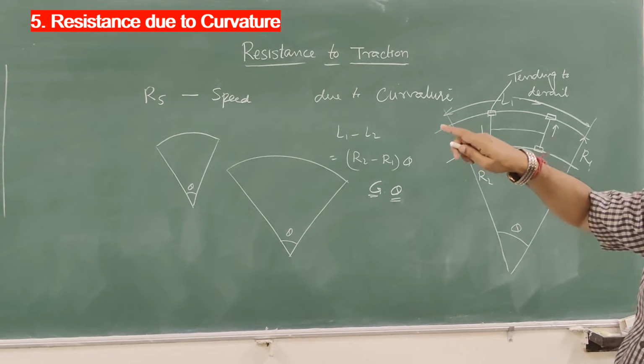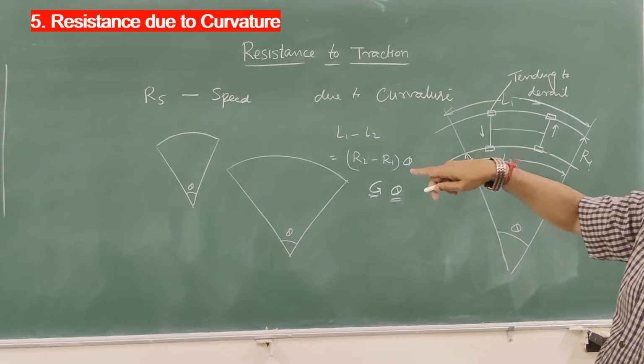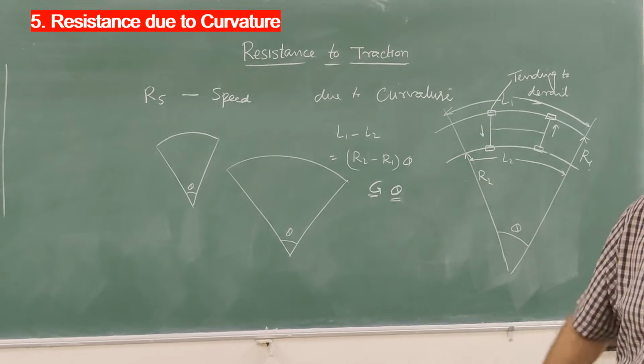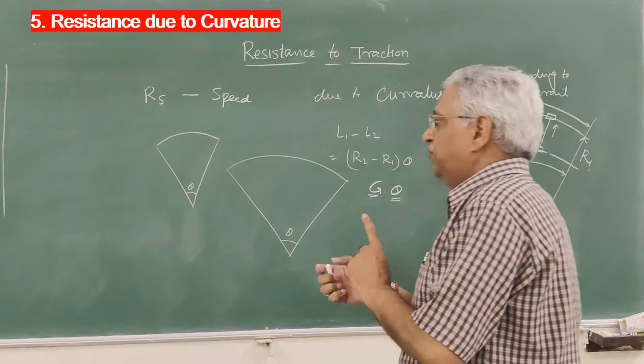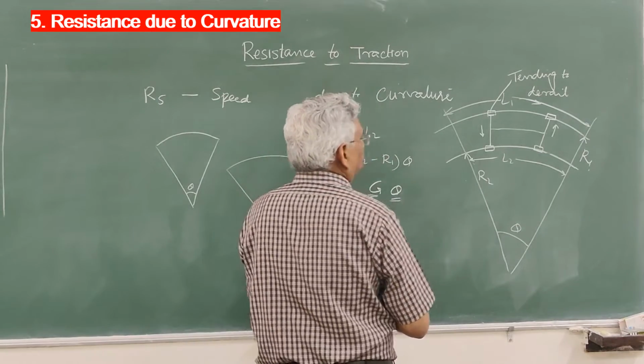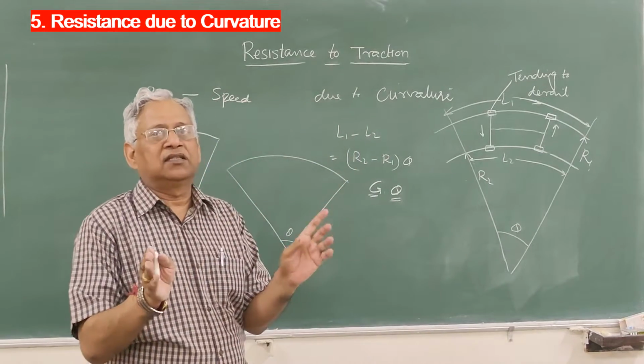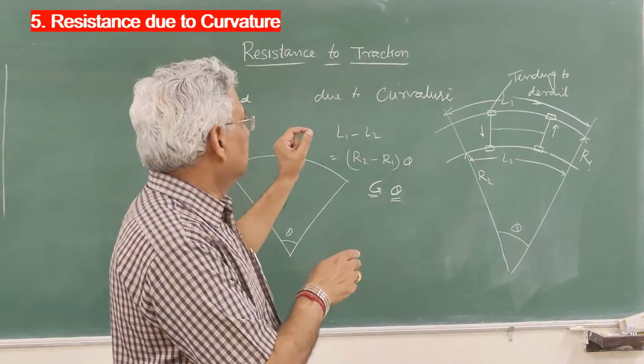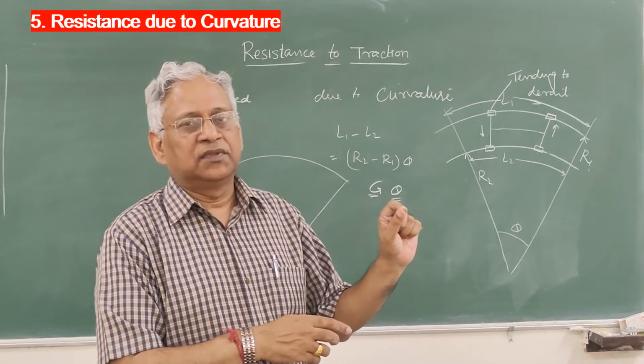It is less for new rails and more for old rails. It depends upon the weight of the train also, but the length of the train does not have significant effect on the resistance due to curvature.